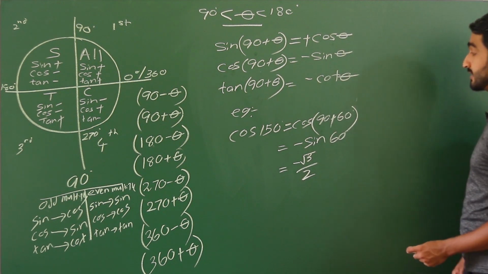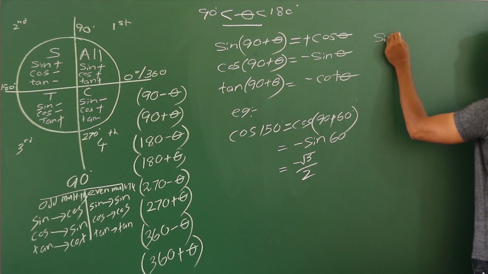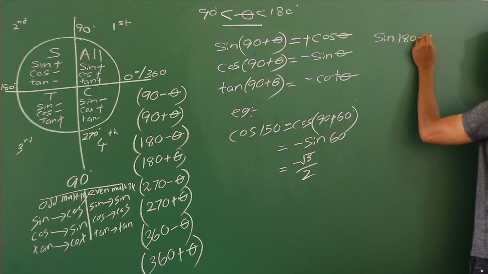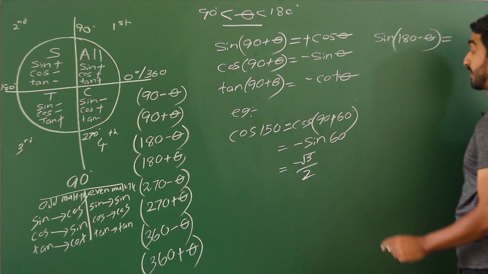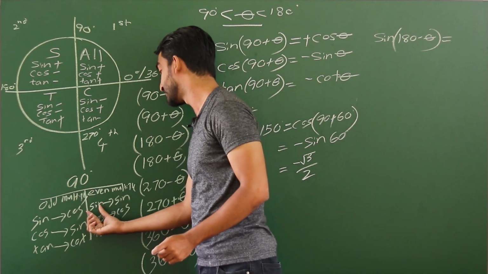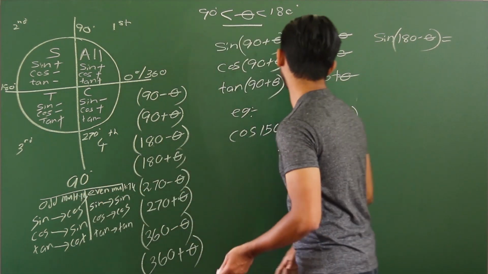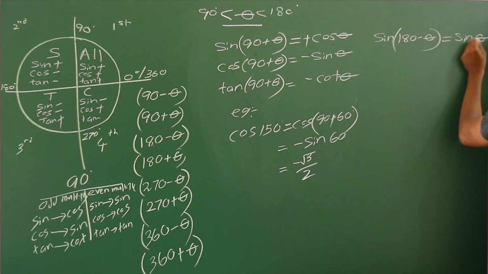Now if you consider 180 minus theta, sin 180 minus theta: dealing with even multiples of 90, 2 into 90 is 180, so sin changes to sine, so no change, so sin 180 minus theta means sin theta.